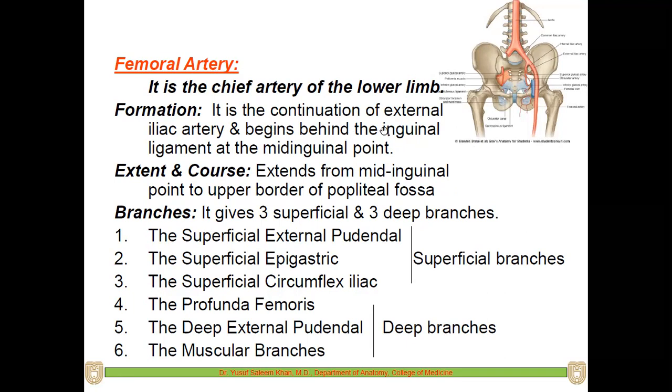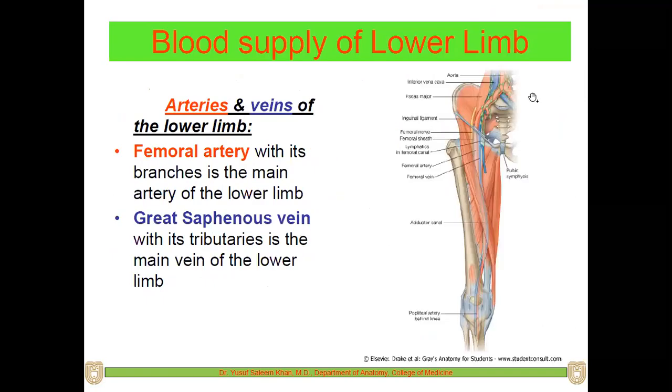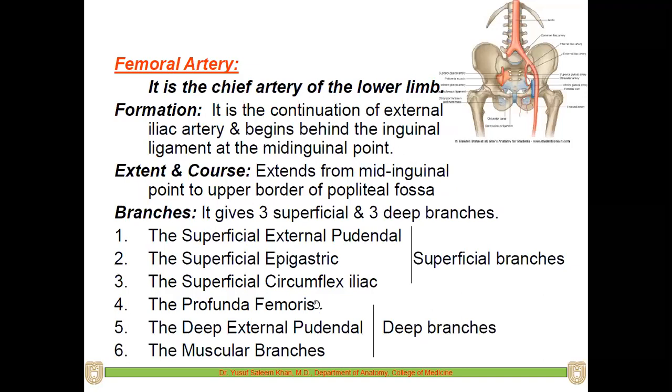So it begins behind the inguinal ligament here and then continues. Okay, so it is at the mid inguinal point, in the middle here. So it is just behind the mid inguinal point.